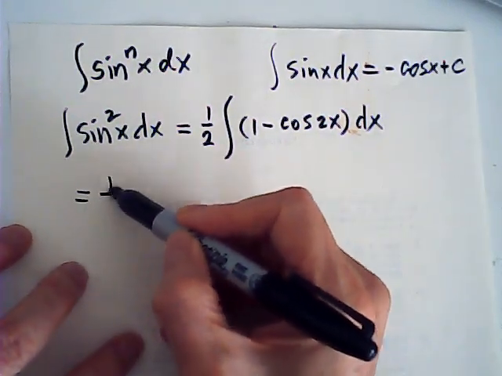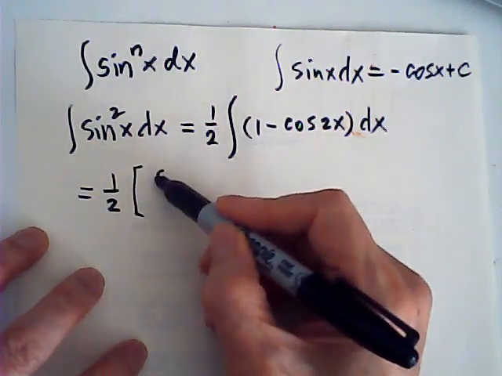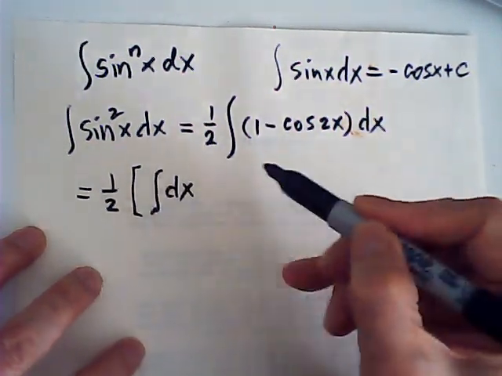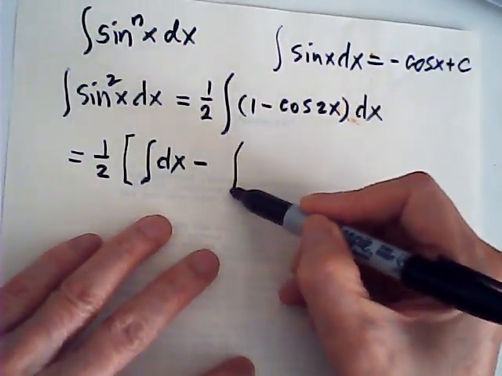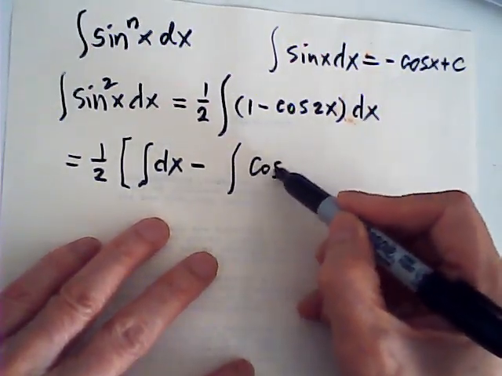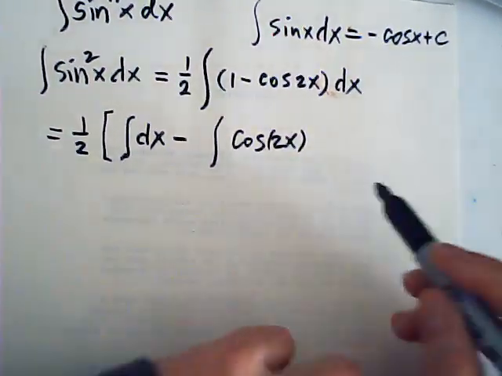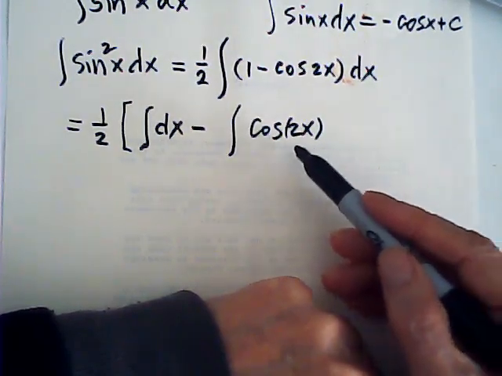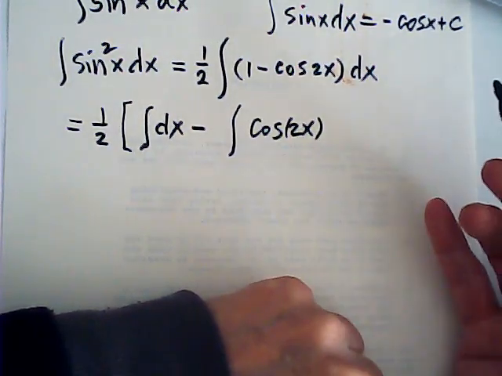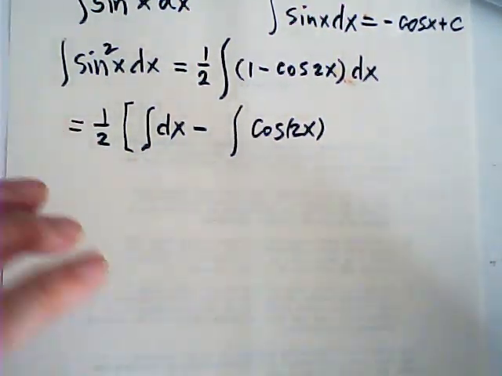Then this is equal to 1/2 integral dx minus integral cosine 2x. Now here also you have two functions. One is a 2x, the other one is a cosine function. So we have to solve the problems one by one.